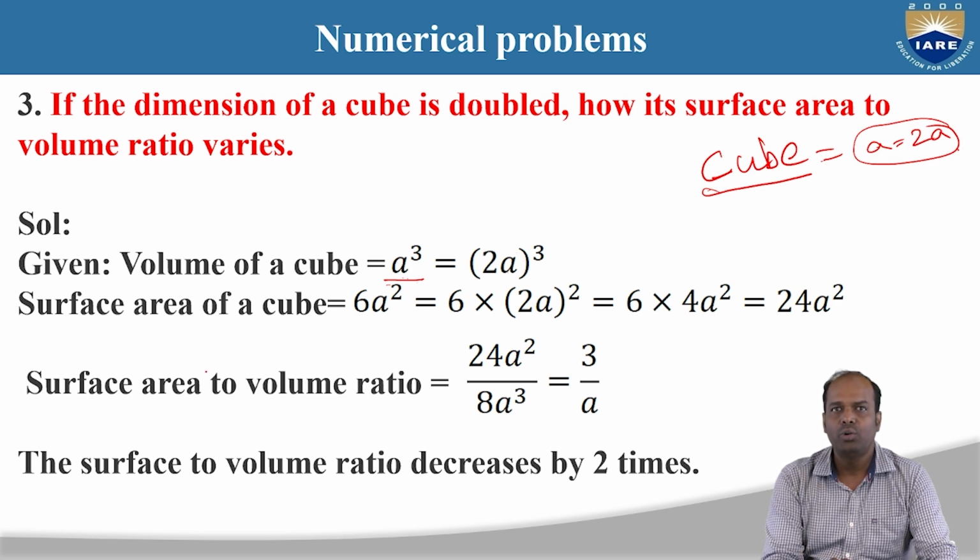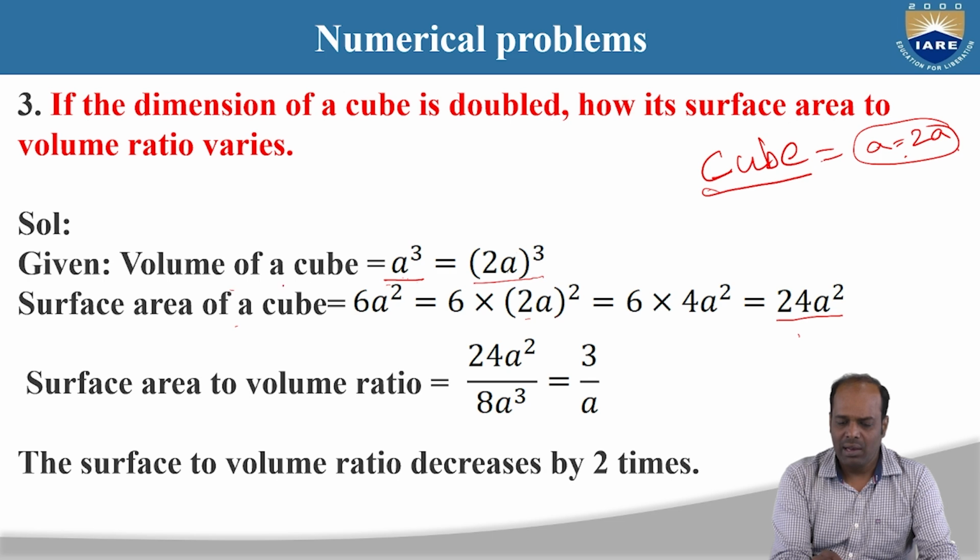The surface area of the cube, what is the formula? 6a square. Substituting a equal to 2a here, we get 24a square for the surface area of the cube, and the volume of the cube is 8a cube. Surface area we know, volume we know, so we divide surface area by volume: 24a square by 8a cube.